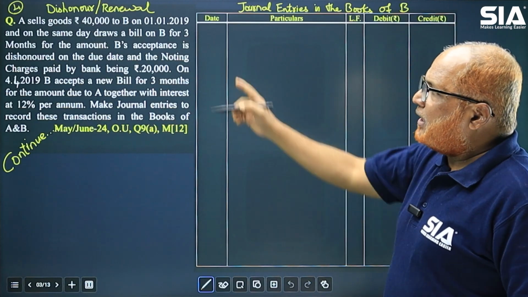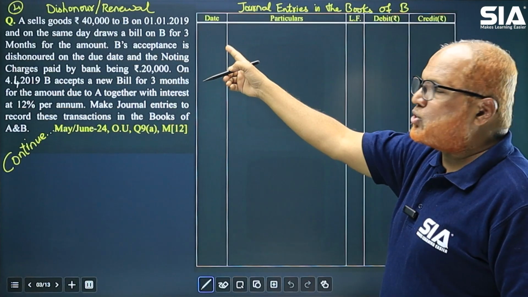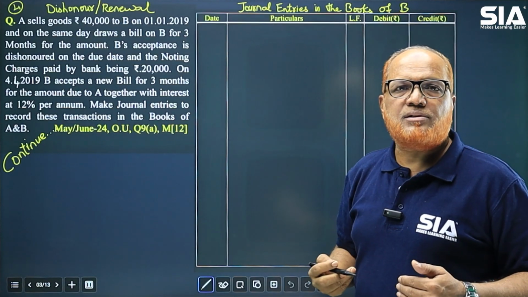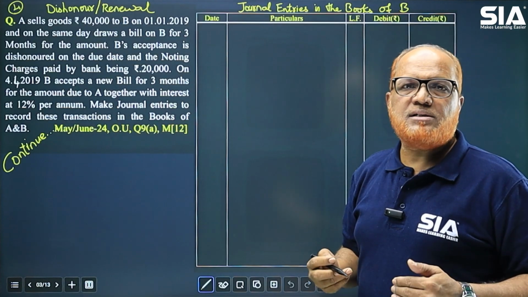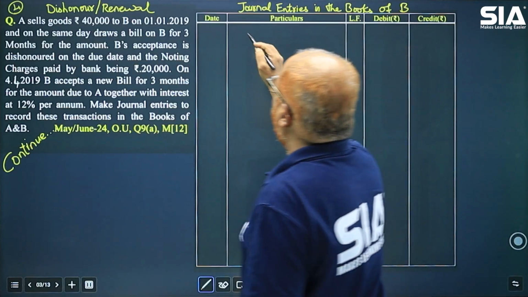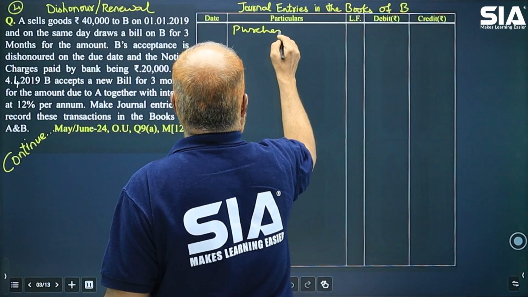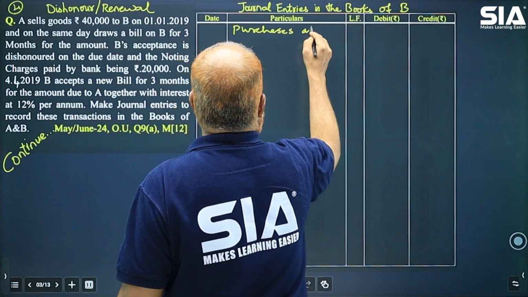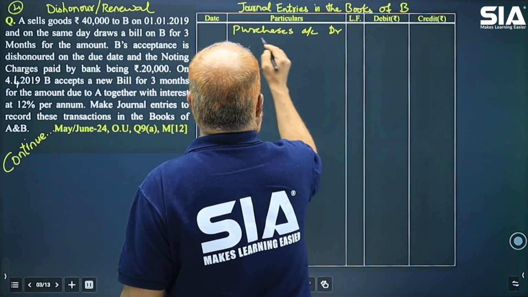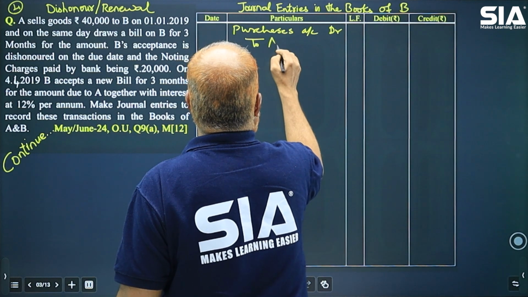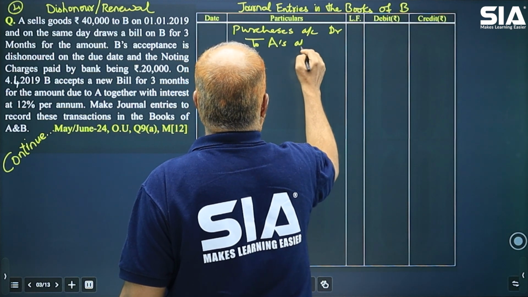So first of all, A sells goods 40,000 to B. So B has purchased the goods. So entry will be purchases account debtor to A's account. A is the seller.